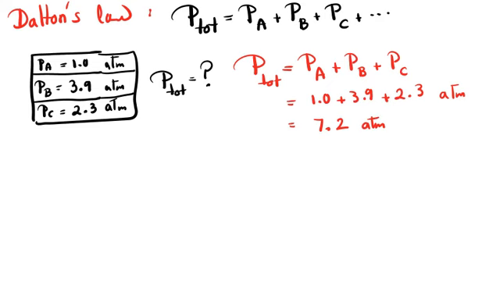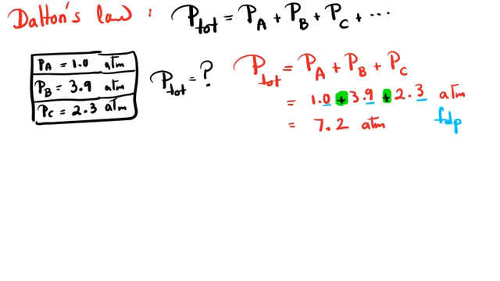Now for sig fig rules, because we have addition here, the rule for addition is fewest decimal places. One decimal, one decimal, one decimal, so we are going to have one decimal like this.